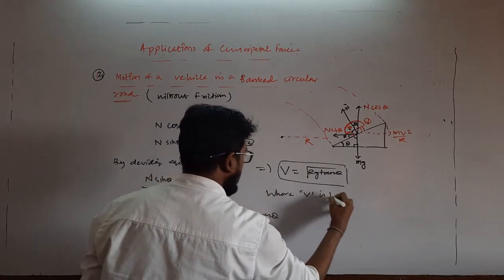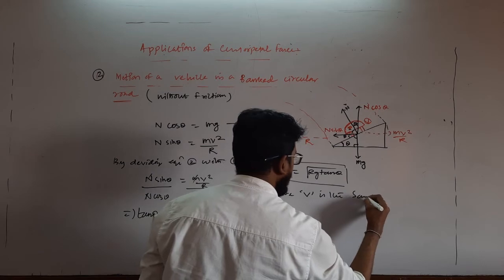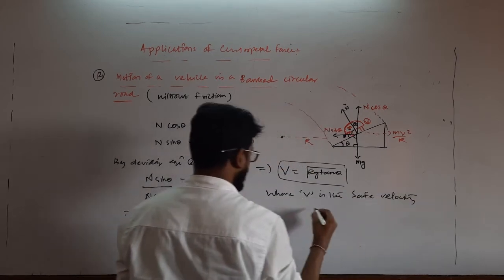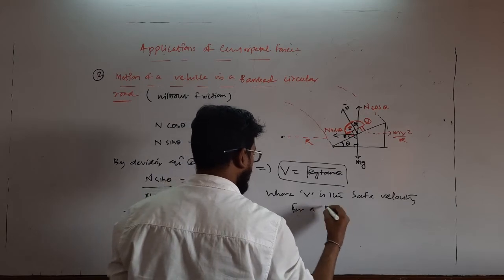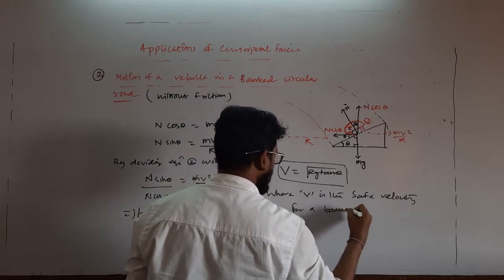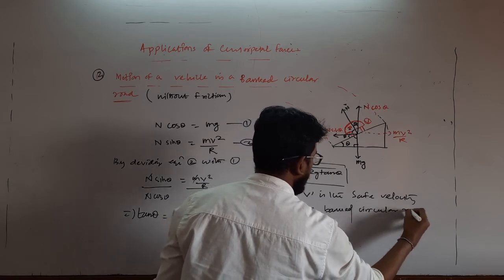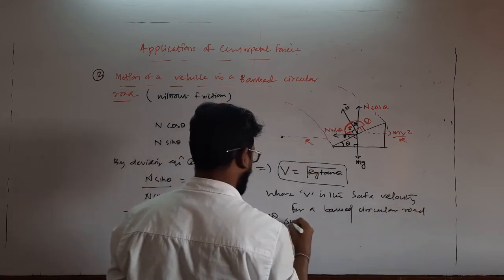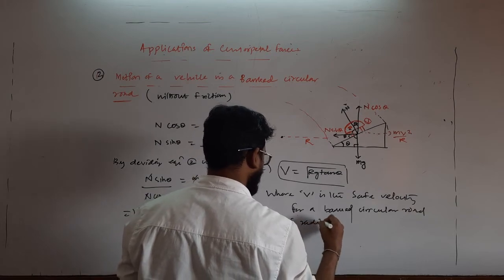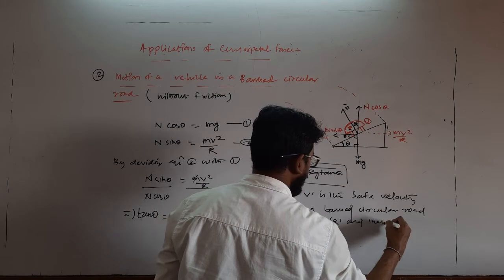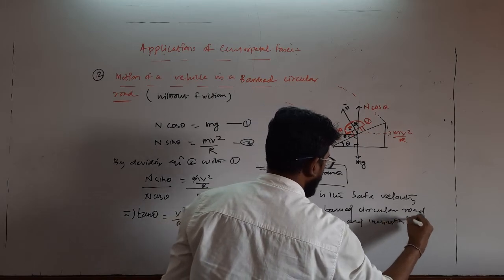v is the safe velocity for a banked circular road of radius r and inclination theta.